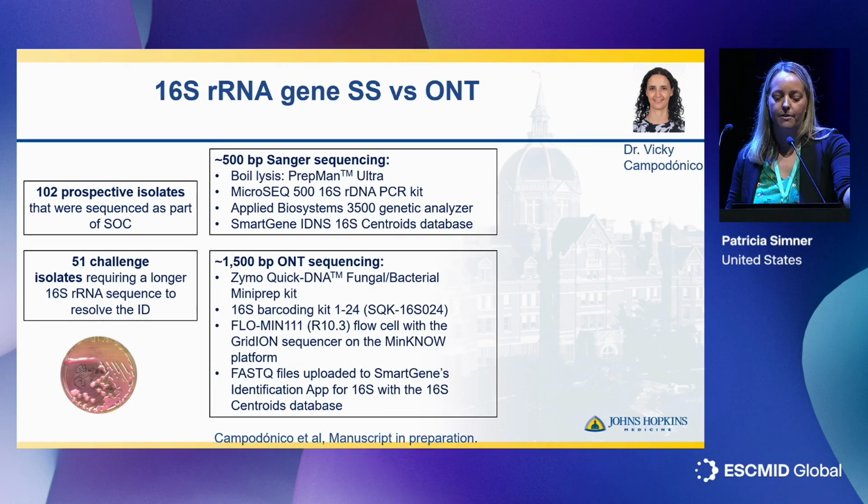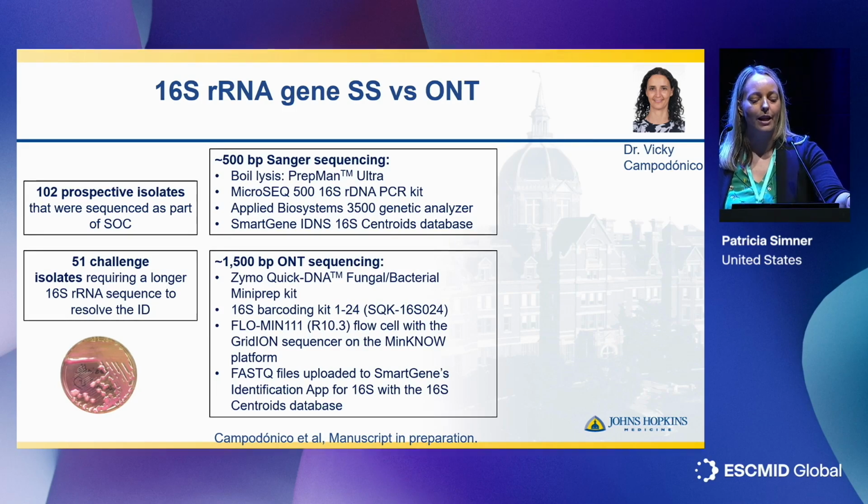For Sanger sequencing, we used a Boyle Lysis PrepMan Ultra kit, followed by the MicroSeq kit sequenced on the Applied Biosystems 3500, and used SmartGene with the Centroids database for analysis of our results.